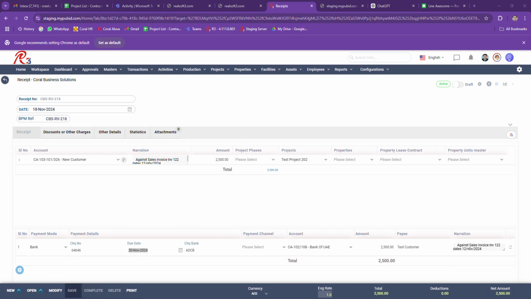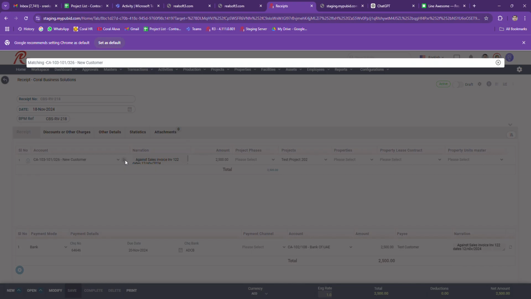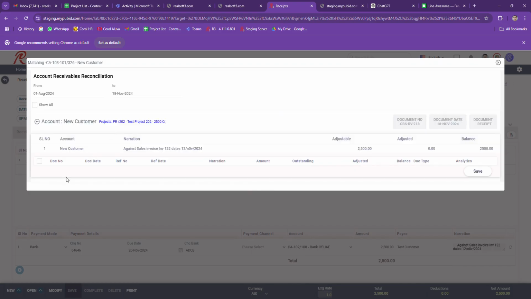Okay, and one more thing you can do in this one: matching is also very important. You can see this payable matching. Did you see? So that's also another important thing. So here what we can do, we can match in the system. When you see this icon, anywhere this icon, if you click it, you can see any outstanding entries here.